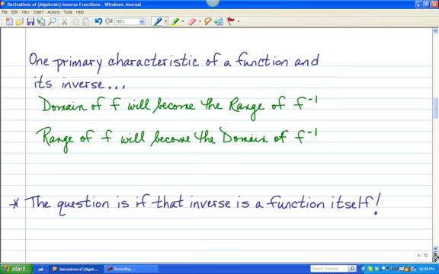Really, the only type of functions that will have inverses that are functions also are one-to-one functions. And perhaps you learned that, I hope you did. A one-to-one function is a function in which each x is paired with only one y and each y is paired with only one x. It is a true one-to-one relationship between the coordinates.